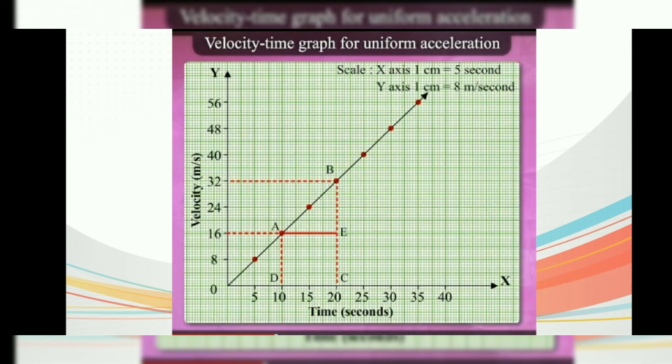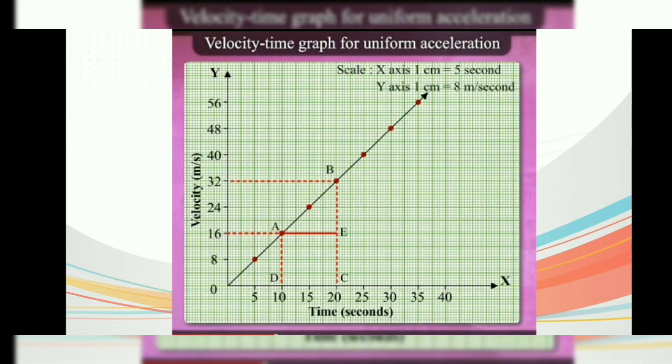Now, from the graph, we can determine the distance covered by the car between the 10th and the 20th second, as we did in the case of the train in the previous example. The difference is that the velocity of the car is not constant, but in the train it was constant.